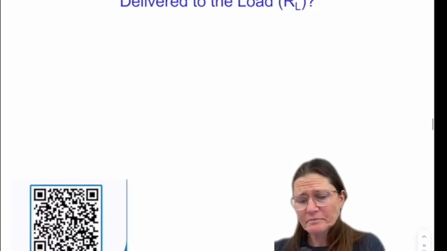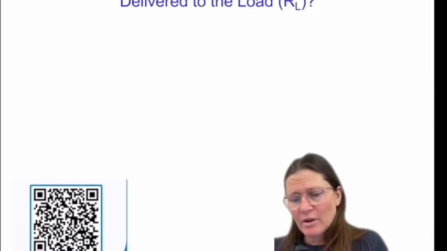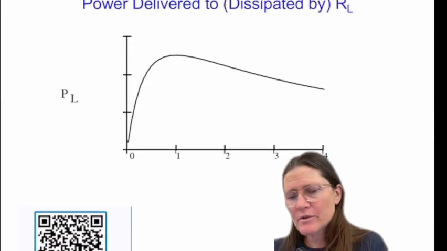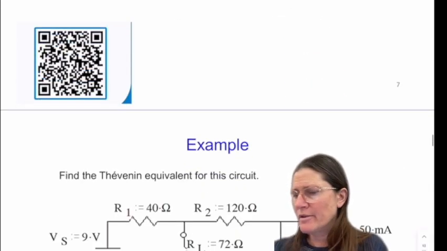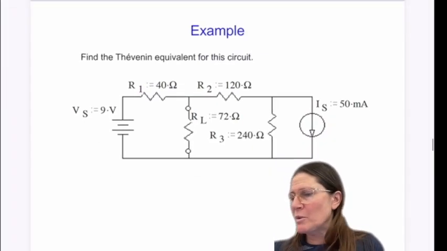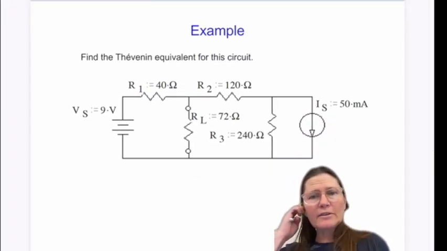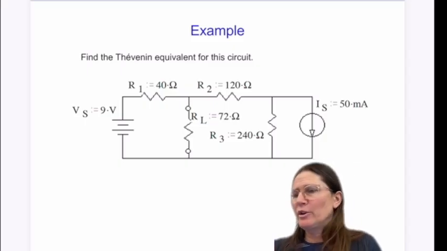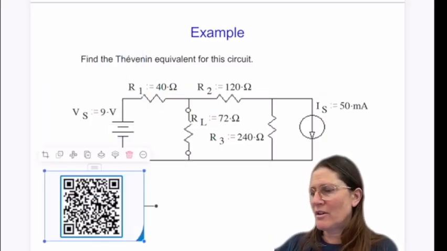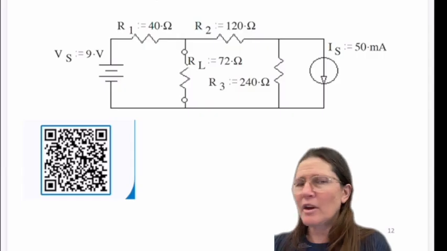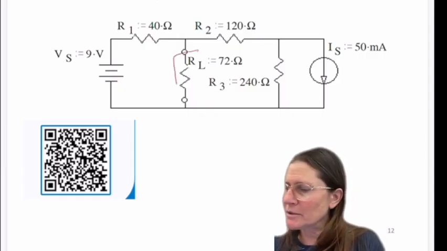Let's go through an example. Okay, I'm just skipping through these. So we want to first find the Thevenin, because we have to find the Thevenin before we can find the maximum power. For this, our RL is going to be here.